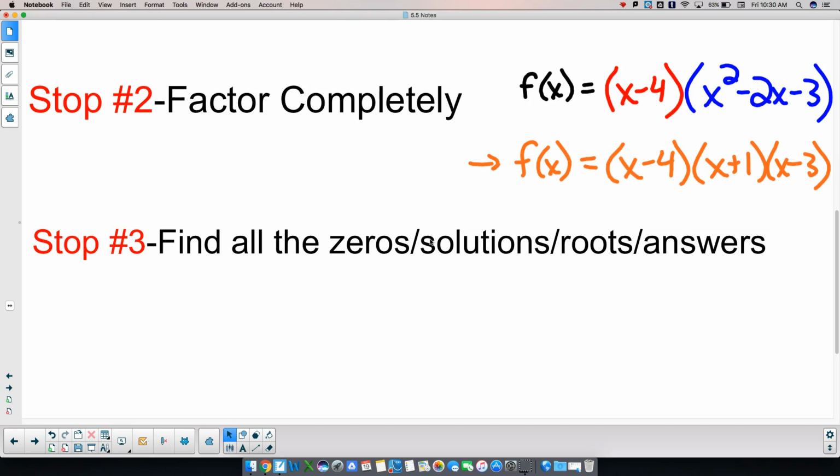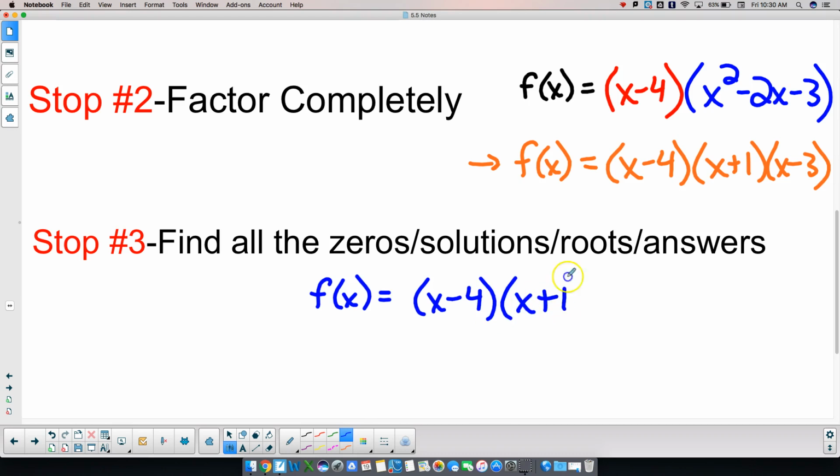And then once I have it factored completely, then I would have to set each of my factors equal to 0.